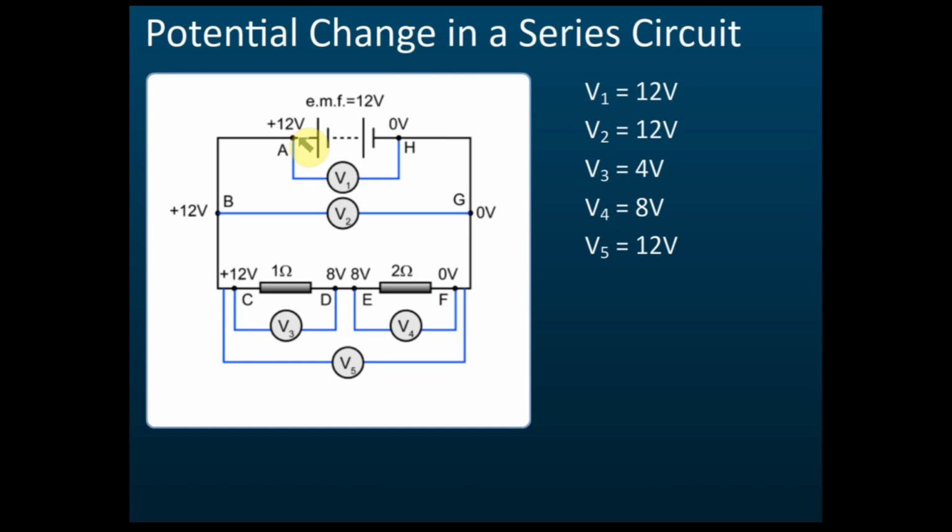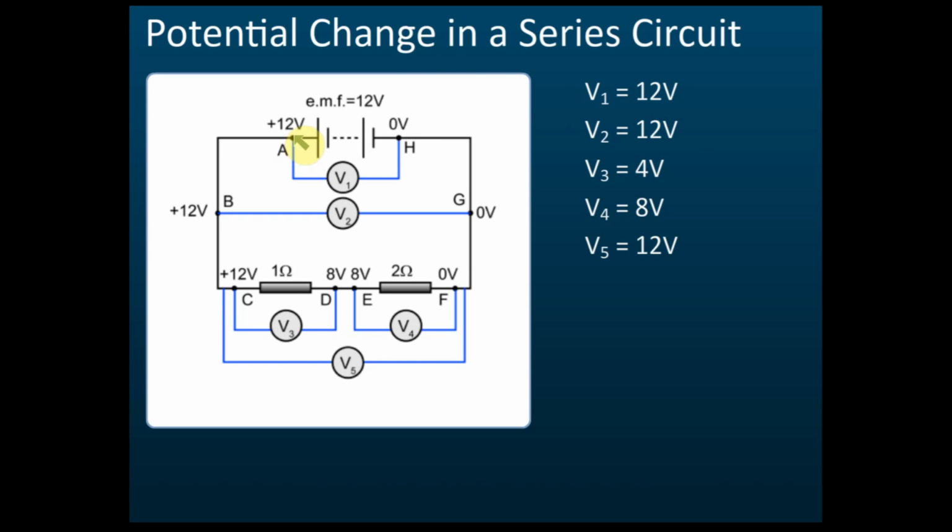Now, the potential is the energy, the energy of the circuit. The potential will remain the same if no work is done, and no work is done if there is no resistance.